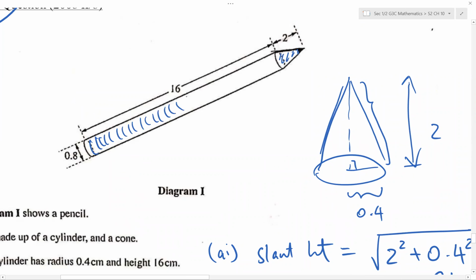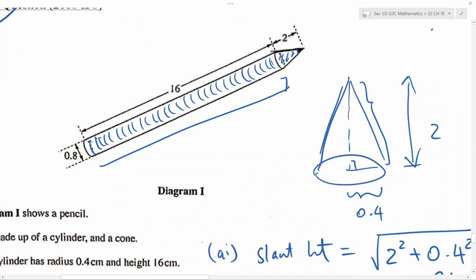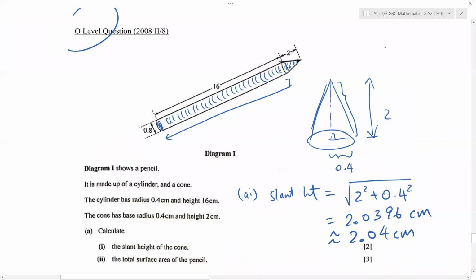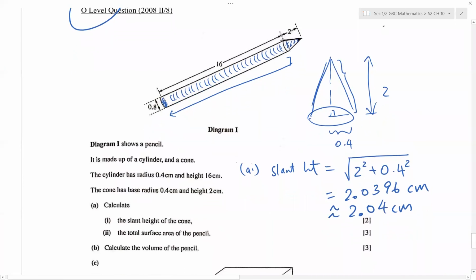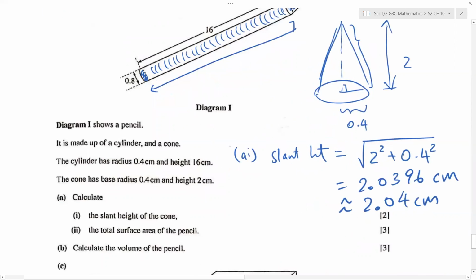So it is actually the circumference of each of these rubber bands times this distance, which is 16. So circumference times 16 to get a curved surface area. And we've got one last area. The circle at the bottom, that's very sure. Easily calculated. So you can add all of them up. Find the total surface area. So that gives us 3 marks.